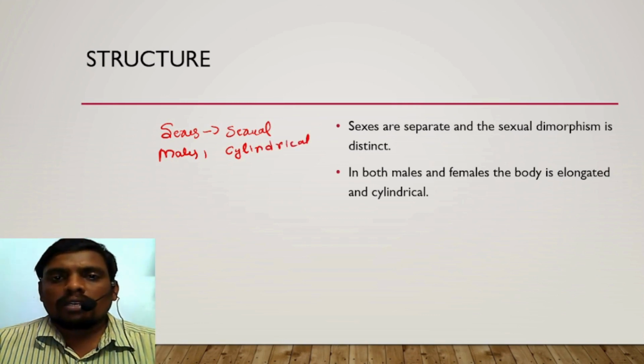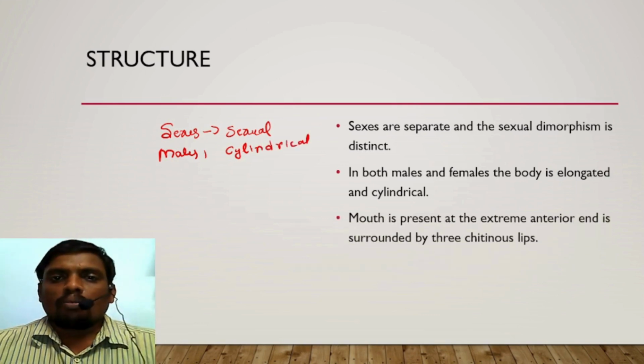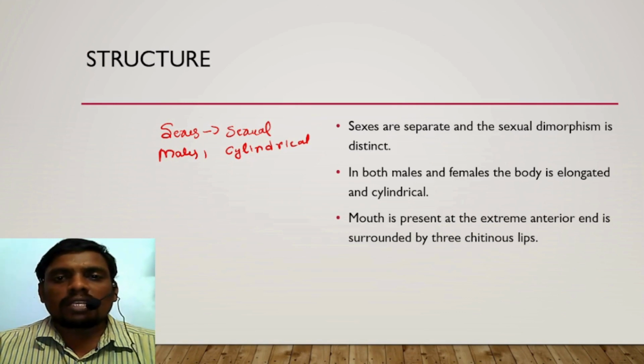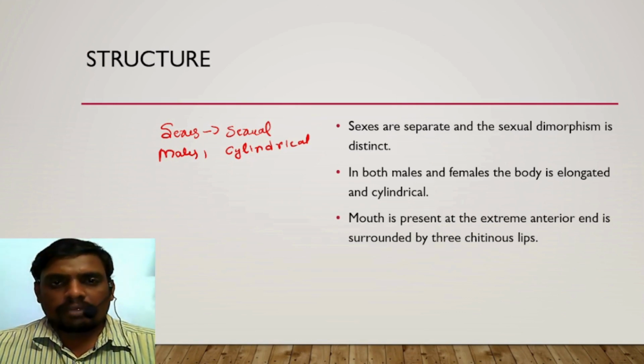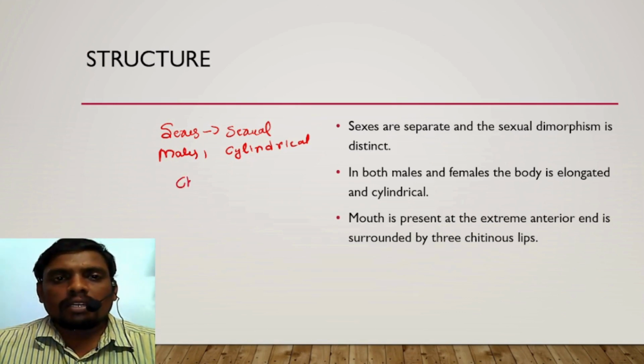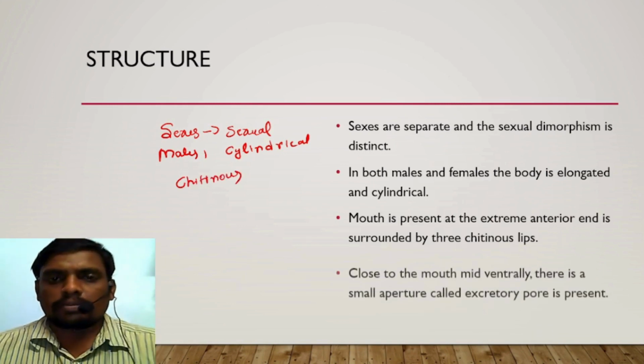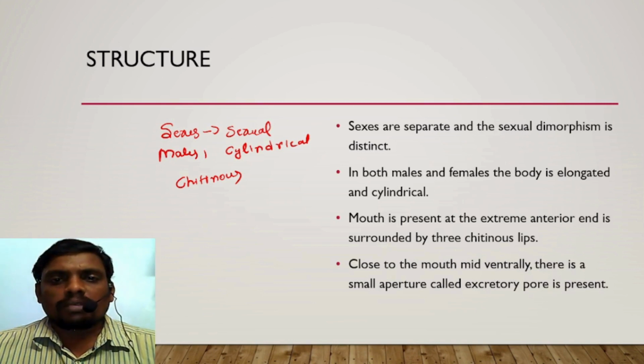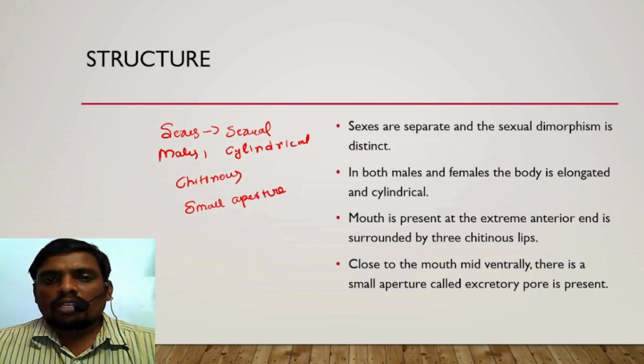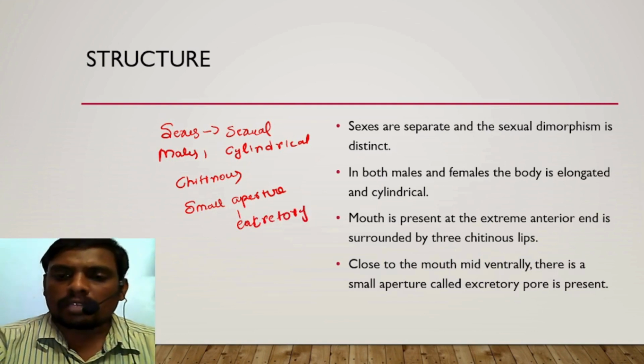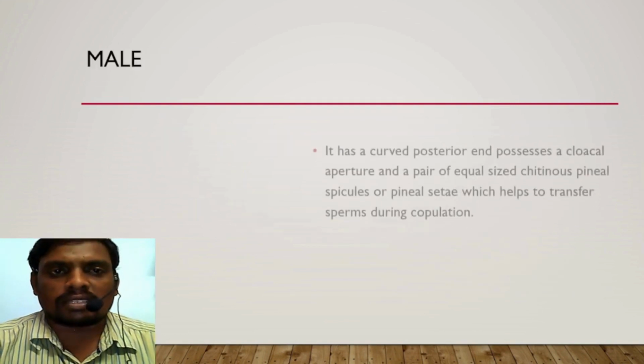The mouth is present at the anterior end, surrounded by chitinous lips. Close to the mouth ventrally, there is a small aperture, which is the excretory pore by which excretory materials are excreted.